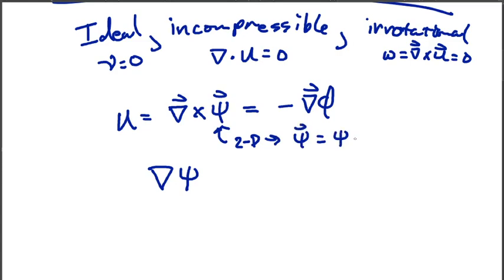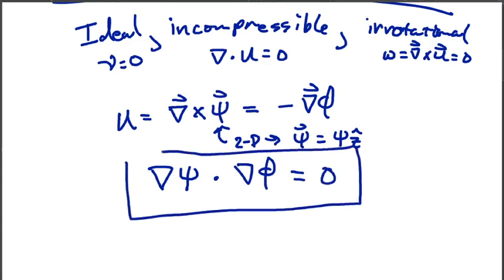This is not strictly necessary, but as you go to higher dimensionality, you have to use a little more care. But for 2D, you've got some very nice simple relationships. The gradient of psi dotted with the gradient of the vector potential phi is equal to 0.